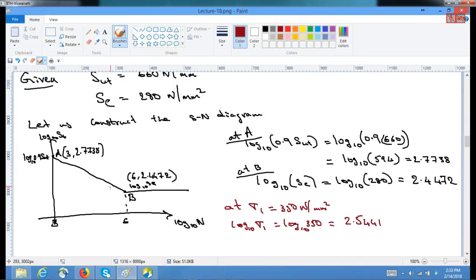So let us mark it. Since this is 2.4472, somewhere here we'll have 2.5441.